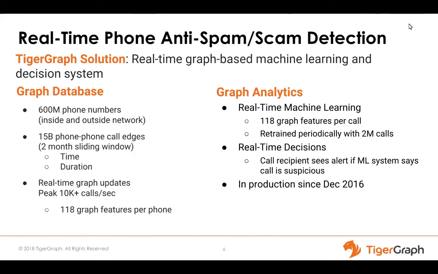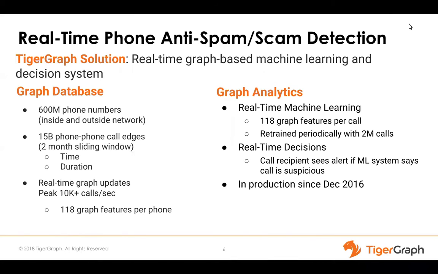So you have to capture all that activity, and you have to capture it in real time because, as we said, the people who are doing this unwanted activity move very quickly. If it's a robocaller, they're calling maybe 100 calls per second. So you have to capture this data right away.